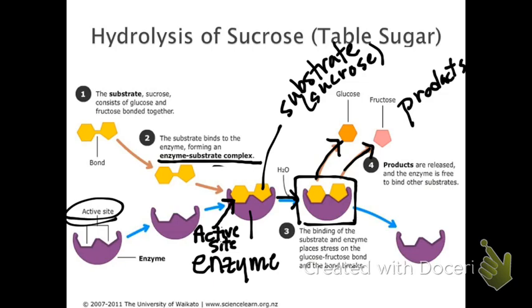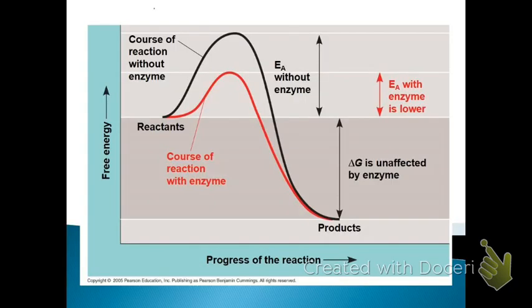I do want you to look at this chart. What the enzyme actually does is it decreases the amount of activation energy that you need for a reaction to take place. So that is what causes it to speed up. It causes the molecules to go faster so that they are more likely to come in contact with each other.